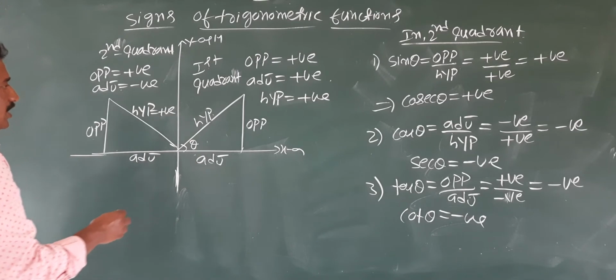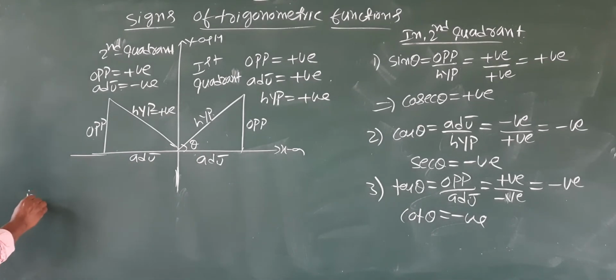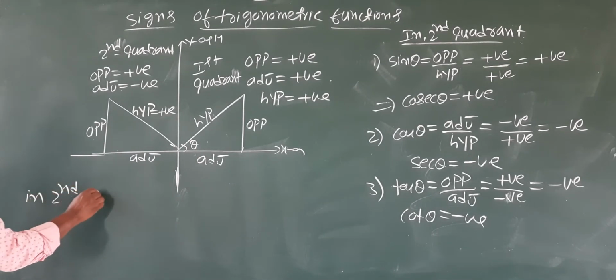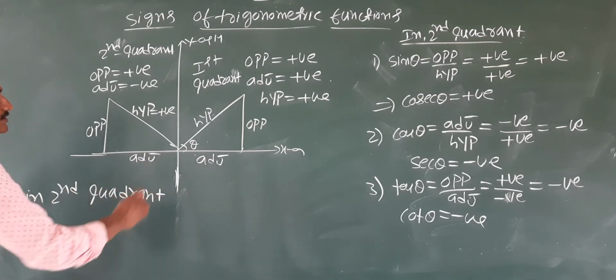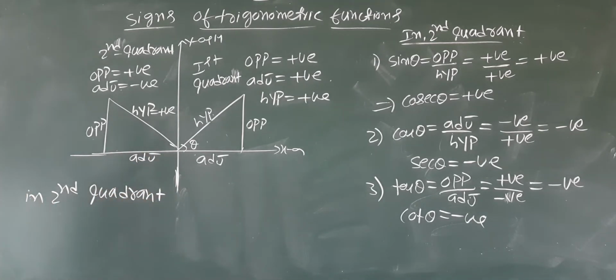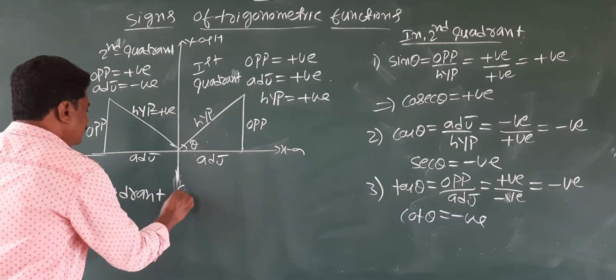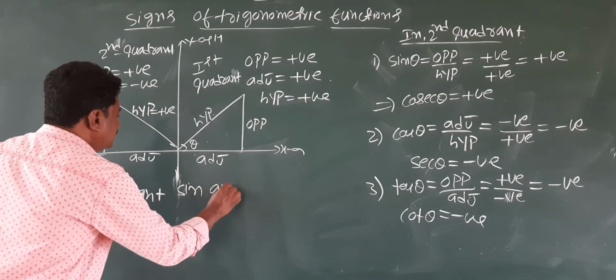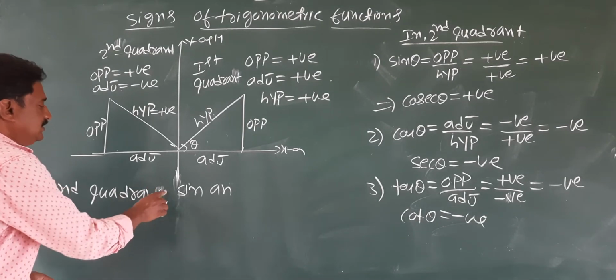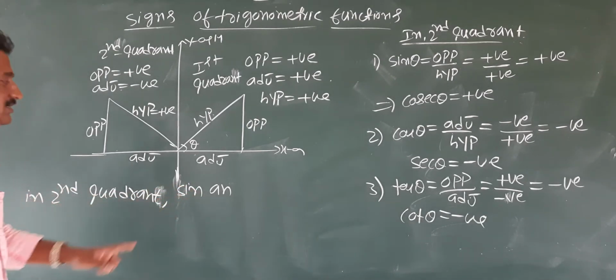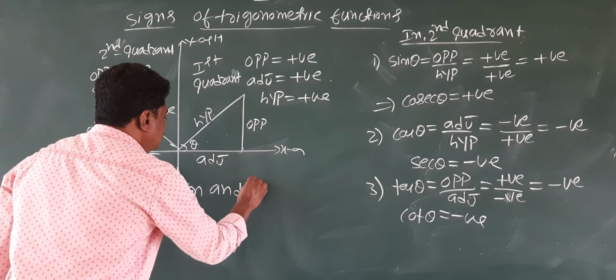So in the second quadrant, sin and its reciprocal are positive. Sin means sin theta.